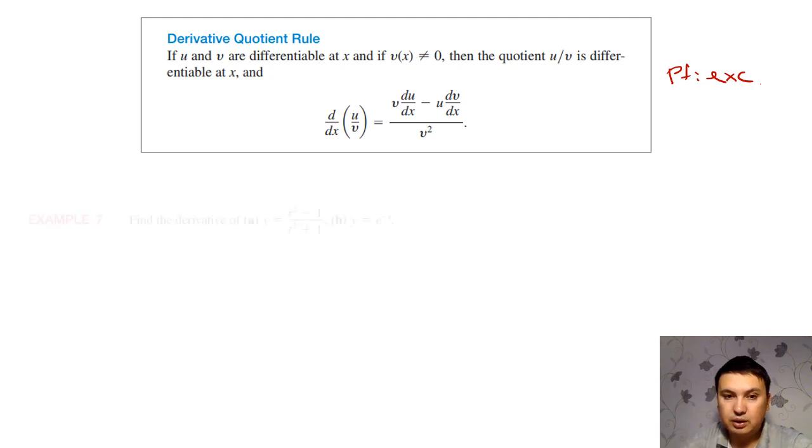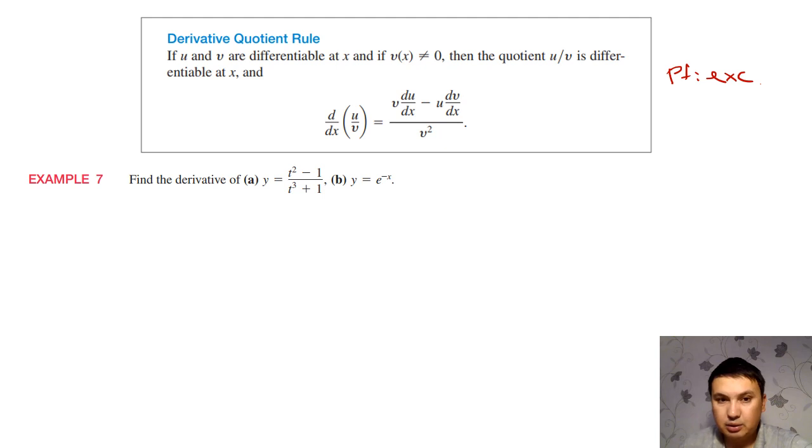However, let's do examples. Let's take the derivative of t squared minus 1 divided by t cubed plus 1. So y prime. According to this rule, I need to write my denominator, t cubed plus 1, multiplied by the derivative of t squared minus 1, right?